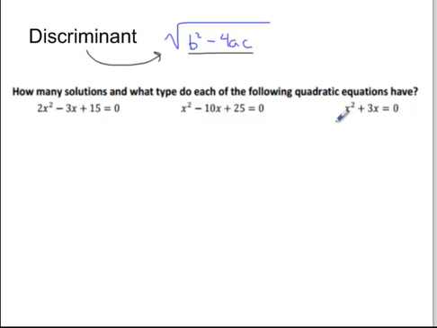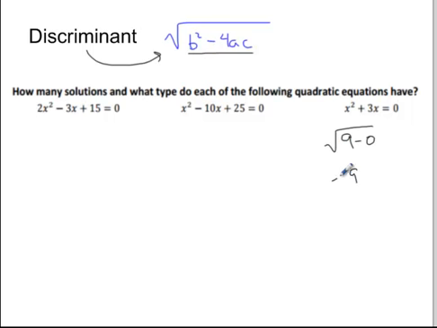We solved this one by factoring, but let's take a look at what we would see if we started to solve it by using the quadratic formula. A is 1 and c is 0. So if I do 4 times 1 times 0, that's going to be 0. So the discriminant is going to turn out to be 3 squared is 9 minus 0, which is 9.